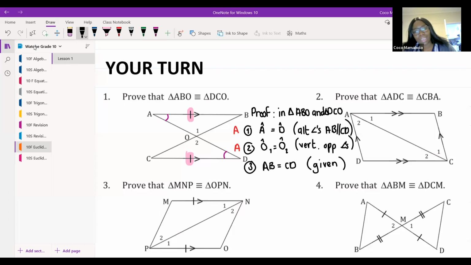So I can then say, therefore, remember now this is the side. Therefore, triangle ABO, in that very order, guys, is congruent to triangle DCO. My reason, I've already got my reason. It's written on the side. Angle, angle, side.